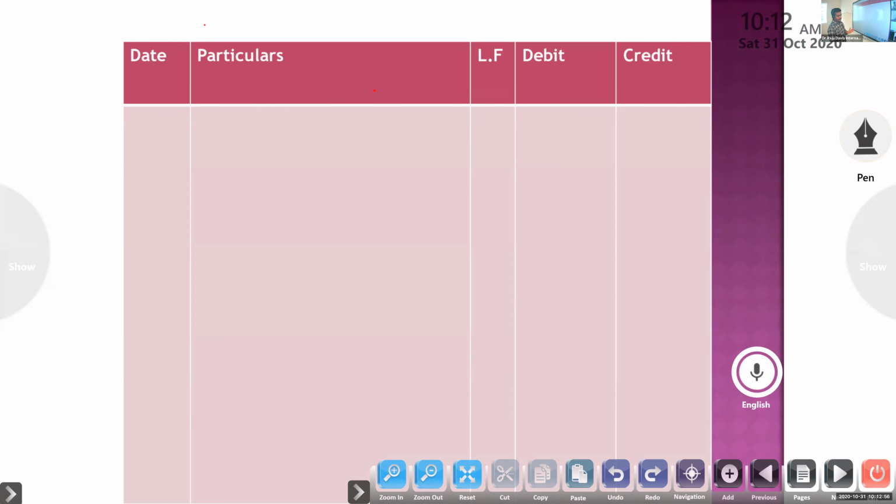So if it is a debit credit error, a wrong head error, first we have to write the correct journal. Credit sales to Mohan, journal entry: Mohan account, debtor, to sales account.